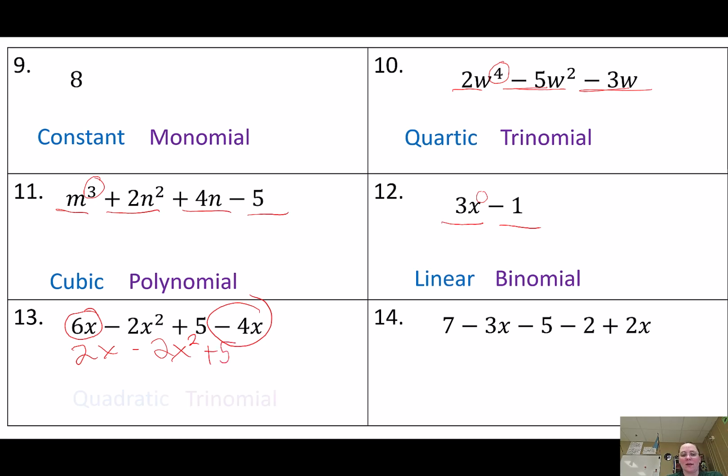I'm going to go ahead and put this in standard form: negative 2x squared plus 2x plus 5. Sorry guys, I'm going to rewrite this just to make it easier to read. Since my largest degree here is 2, it's a quadratic, and we have 3 terms, trinomial. Okay, on 14, combine my like terms.